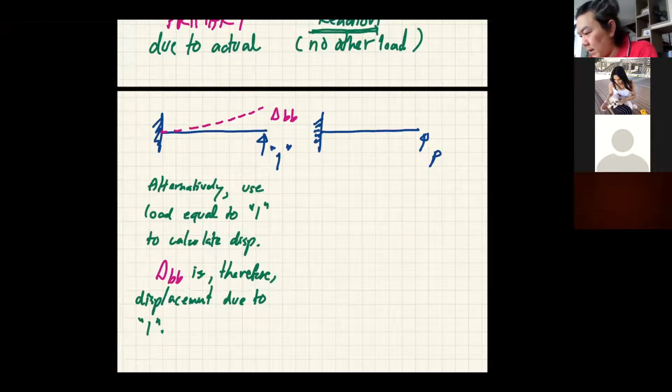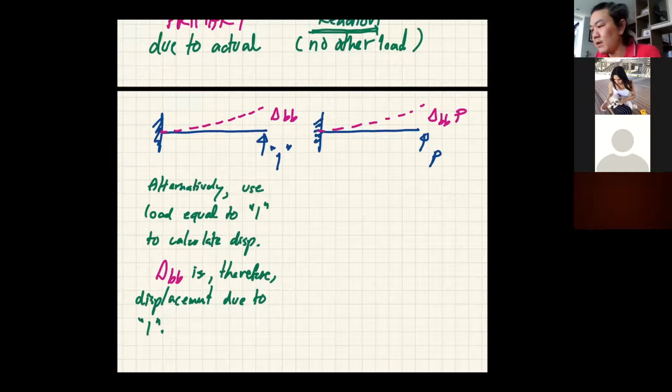And so this will become delta BB multiplied by P. Because it is elastic, so everything is proportionate. If you have the displacement caused by the load equal to 1, equal to delta BB, therefore the displacement caused by the load equal to P is equal to delta BB multiplied by P, right?